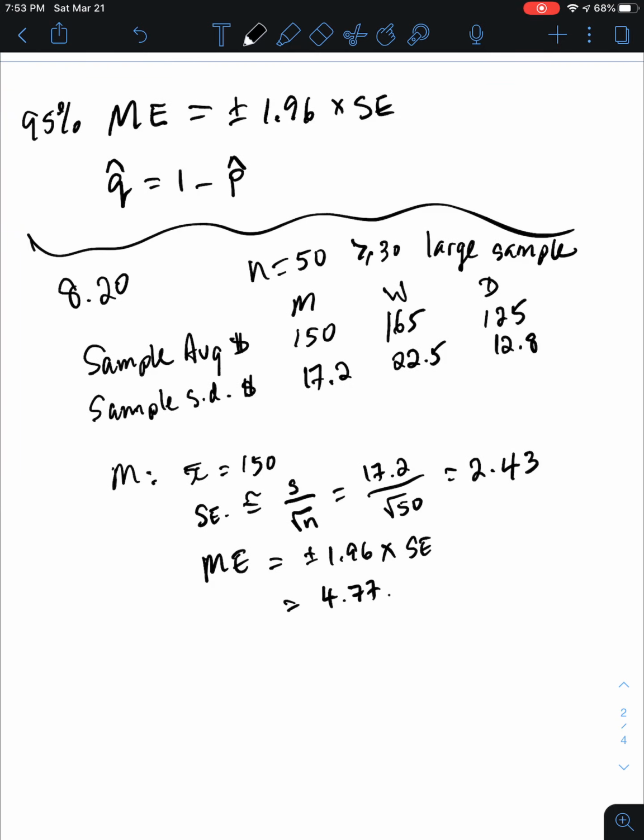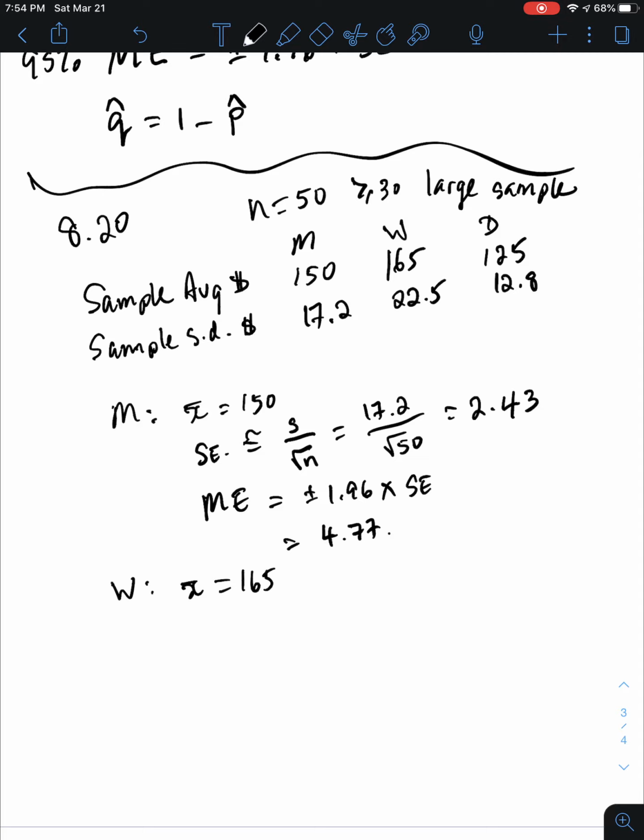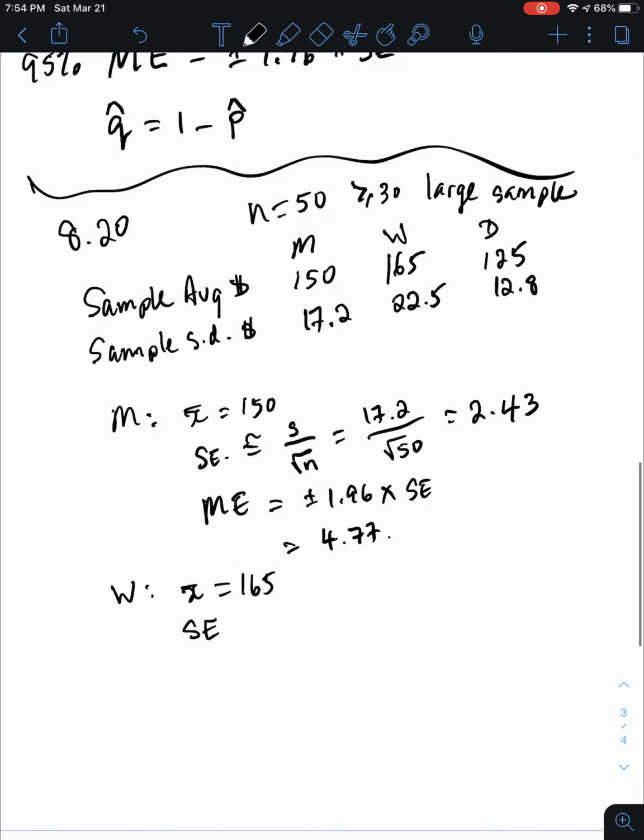We're going to do the same thing for the Westin. X bar is 165. Dead easy, that part of the question. The standard error, straightforward calculation, is going to be approximately 22.5 divided by the square root of 50.